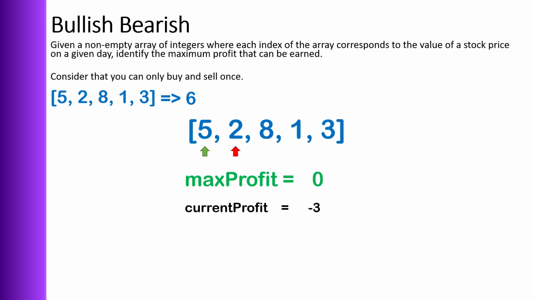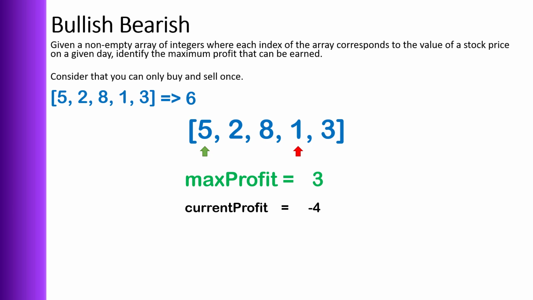So if you buy at 5 and sell at 2, you will lose 3. Now, if we check 5 and 8, the profit would be 3 because 8 minus 5 is 3. And then we can consider that as our max profit because it has a higher value than our current max profit, which is 0. So we change that.